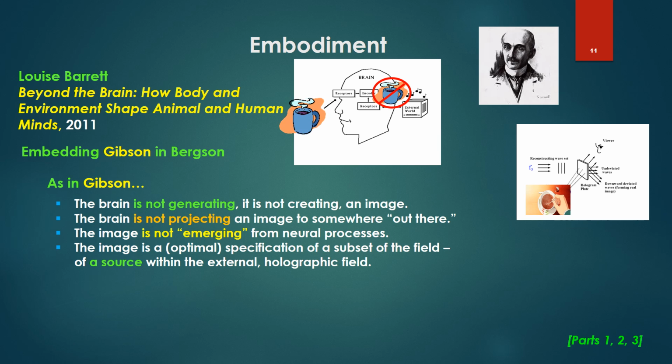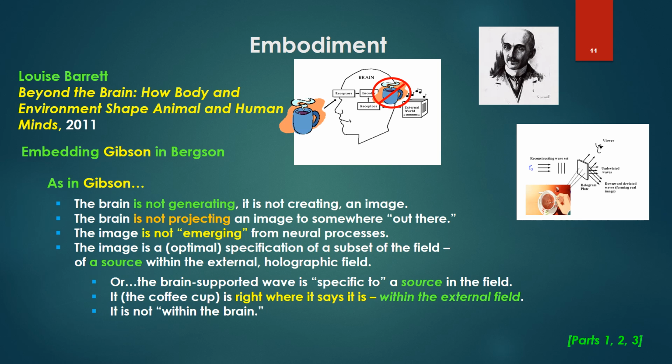The image is not emerging, to use the concept of emergence, magically from neural processes. The image is a specification, and I should have noted before, an optimal specification or an optimal percept because of the probabilities involved, the uncertainties involved, of a subset of the field, of a source within the holographic field.